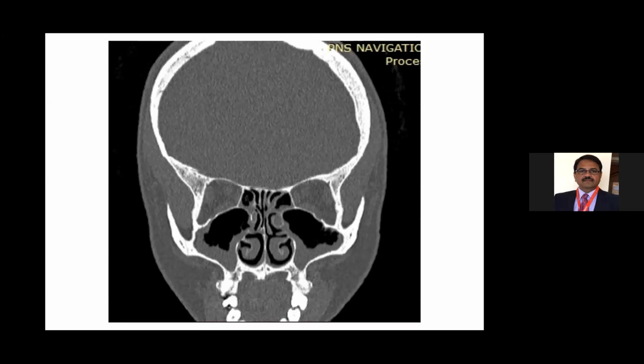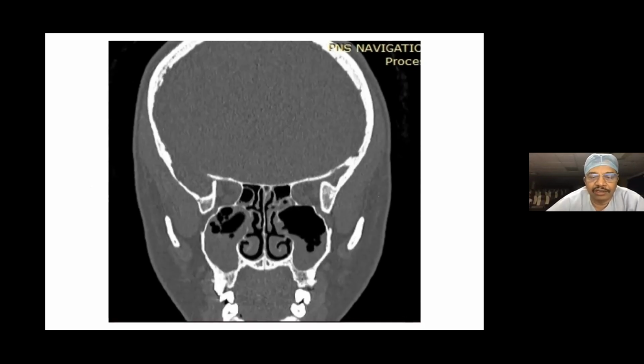Have you seen any such incidences? No. Another thing is sometimes the secretions coming from the ethmoid sinus fall into the maxillary sinus. There will be recycling from the ethmoids into the maxillary sinus.